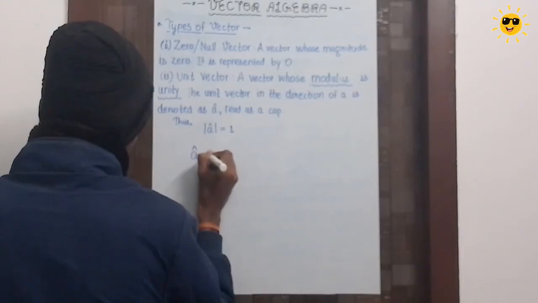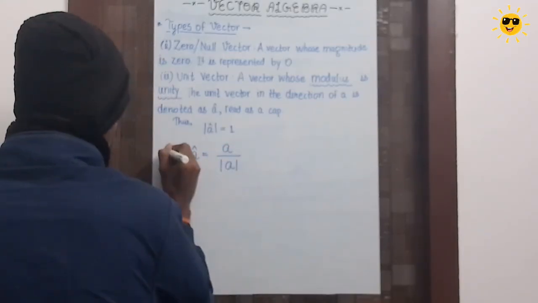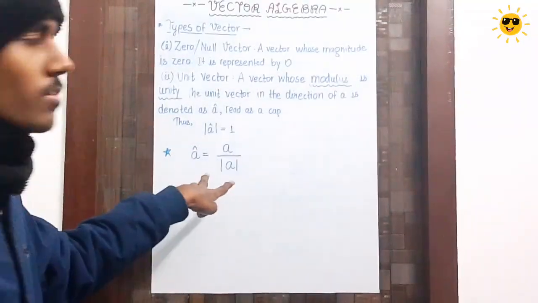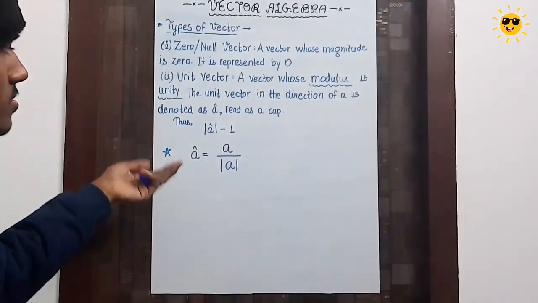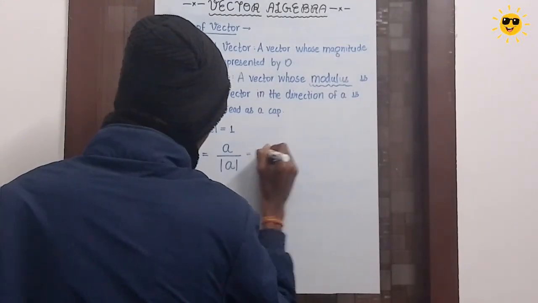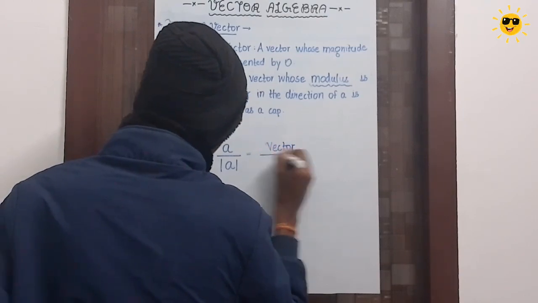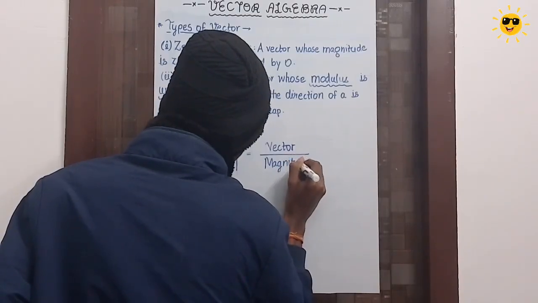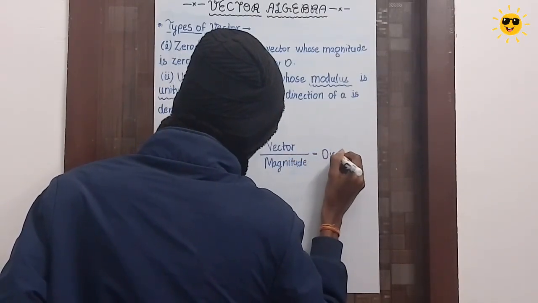A cap equals A by modulus A. This is very important because further in the chapter there will be a formula related to this equation or this function, whatever you want to say. Here it is vector by magnitude equals direction.